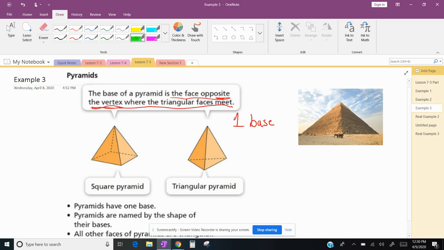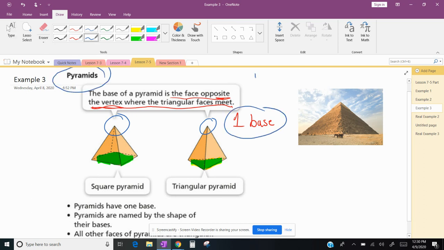So at the very bottom, here's a base. But on the other opposite end of it, there is a vertex forming a point. Again, over here, there is a base. I'll switch colors. And at the very top, a vertex. So only one base for pyramids.